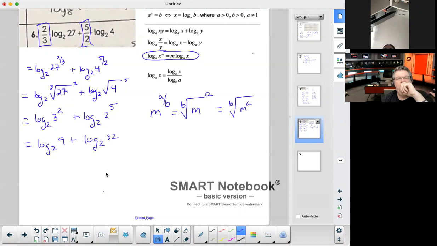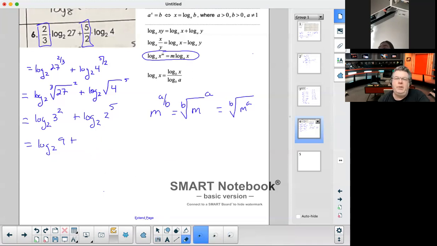Now, there is also a rule, and it is not on this little sheet, but I'll put it on for you: log base a of a to the x is equal to x.